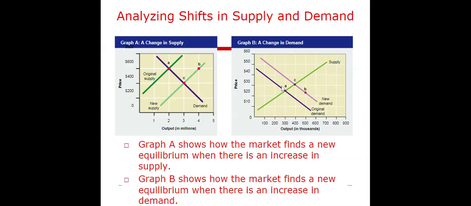So with the original equilibrium, we had 300 quantity demanded and supplied at about $20. With our new equilibrium, it's 400 quantity demanded and supplied at about $30.